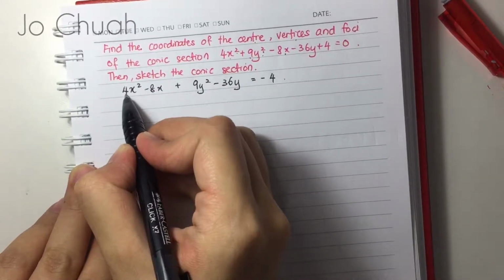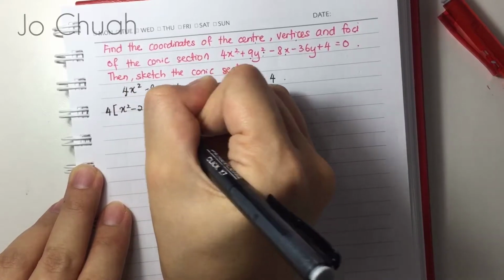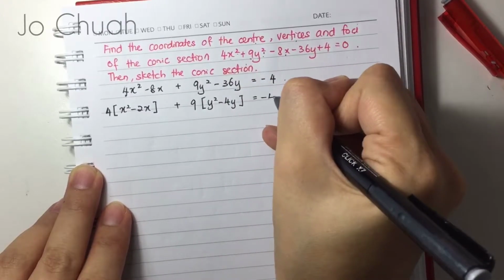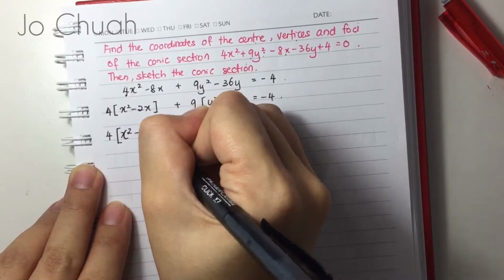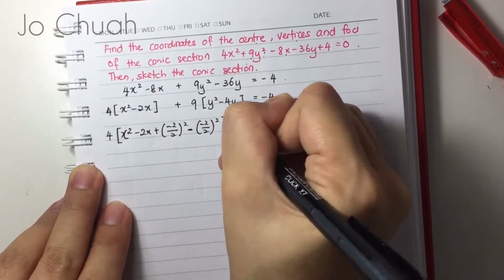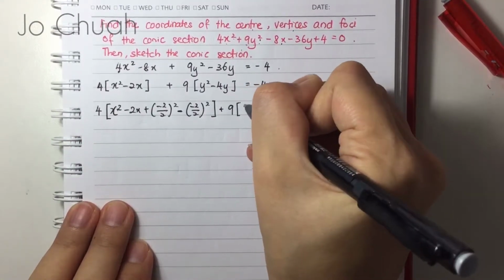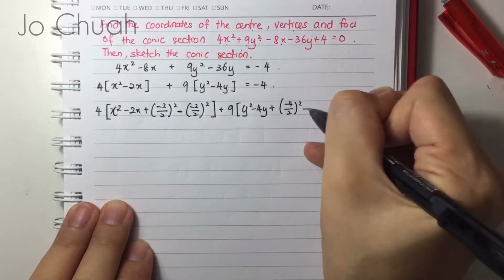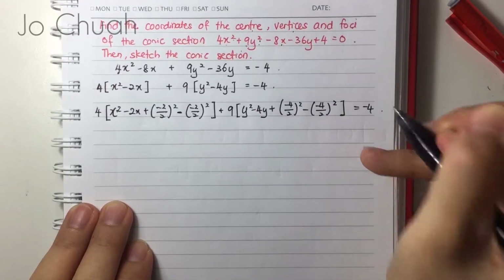You cannot keep the coefficient 4, so you have to take out 4, and then 9: x squared minus 2x plus (negative 2 over 2) squared minus (negative 2 over 2) squared for the x part, plus 9 times (y squared minus 4y plus (negative 4 over 2) squared minus (negative 4 over 2) squared), close bracket, for the y part, equals negative 4.